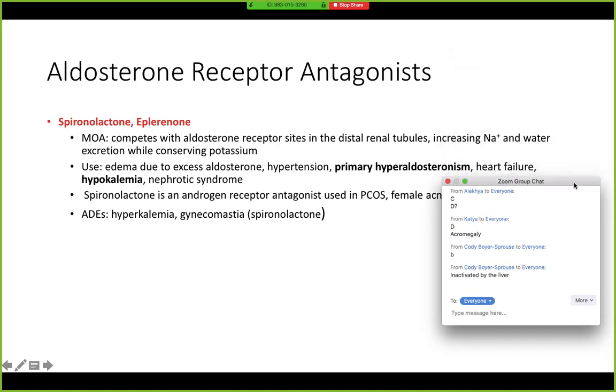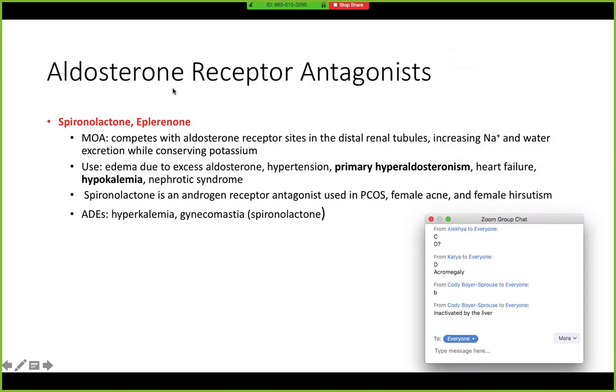All right. So your aldosterone receptor antagonist. I don't think that he'll test you on this again on this exam because this lecture was huge and you've already talked about spironolactone. But just keep in mind, it's an aldosterone receptor antagonist. It's used in hypertension, primary hyperaldosteronism, to treat hypokalemia.